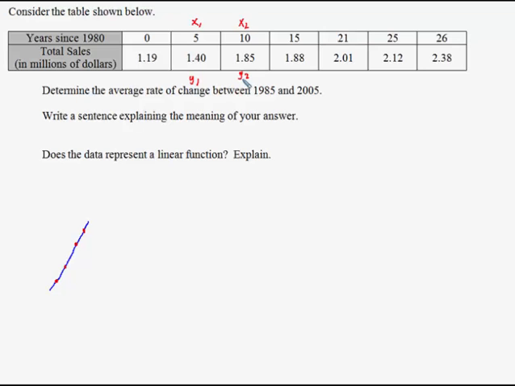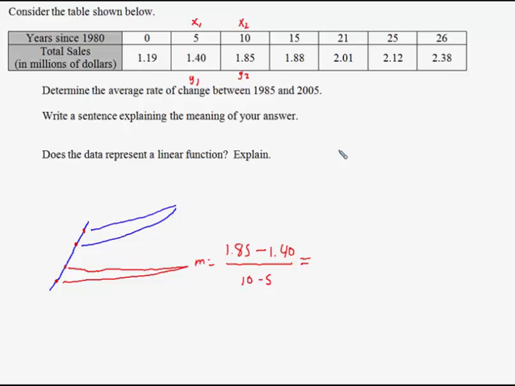Then y2 minus y1 would be 1.85 minus 1.40, and in my denominator x2 minus x1 would be 10 minus 5. That would be me calculating the slope between these 2 points right here.